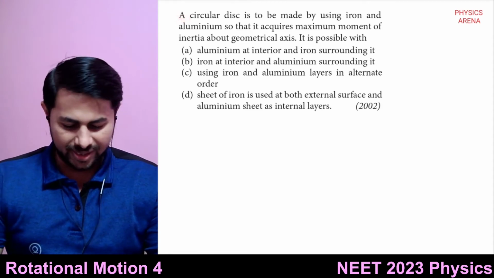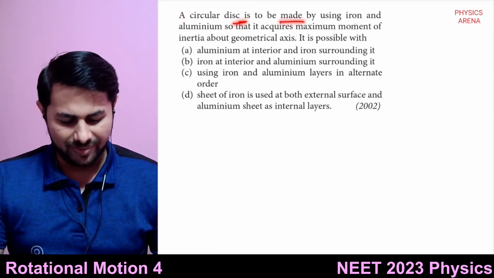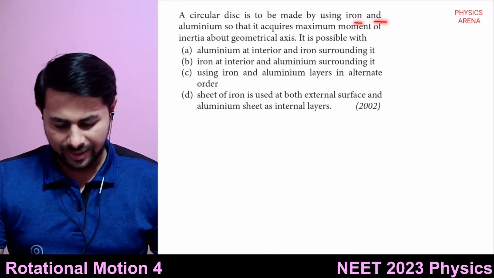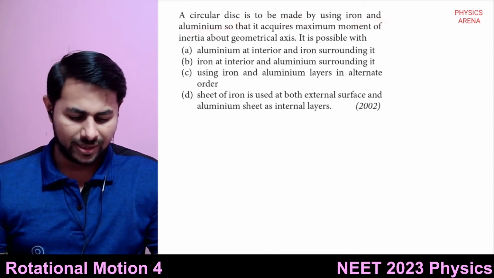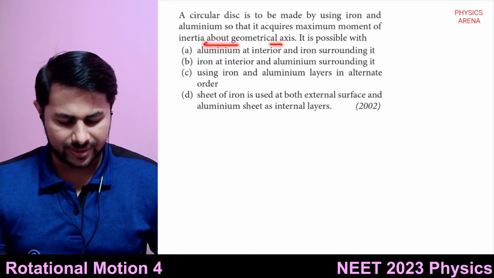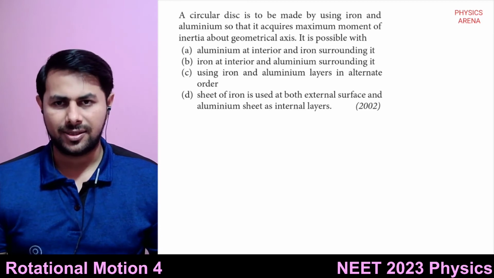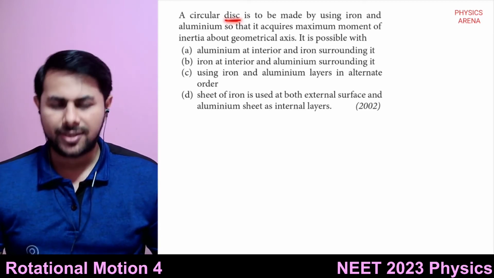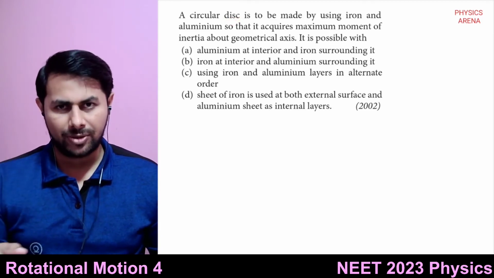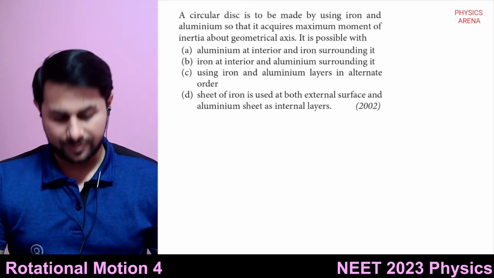So let's see this problem. A circular disk is to be made using iron and aluminium so that it acquires maximum moment of inertia about its geometrical axis. Geometrical axis meaning which axis? The natural axis. For a disk it is the axis perpendicular to the plane, as we have seen, and passing through its center of mass.